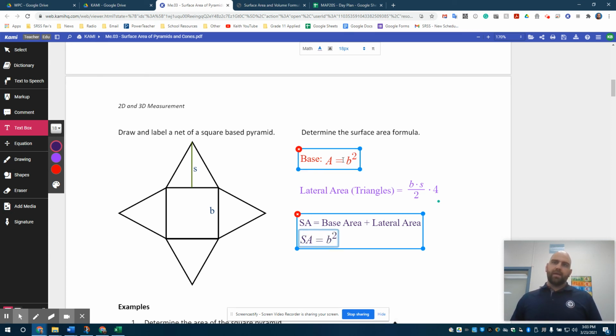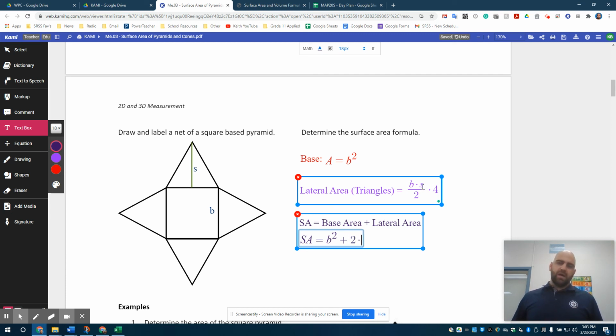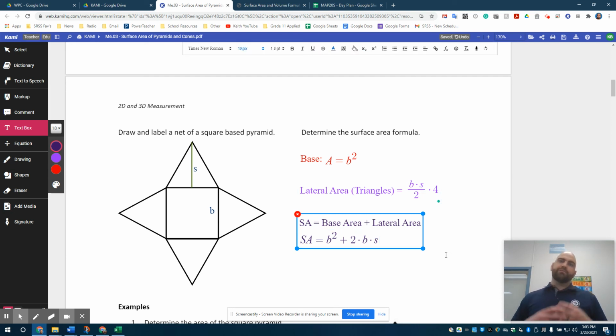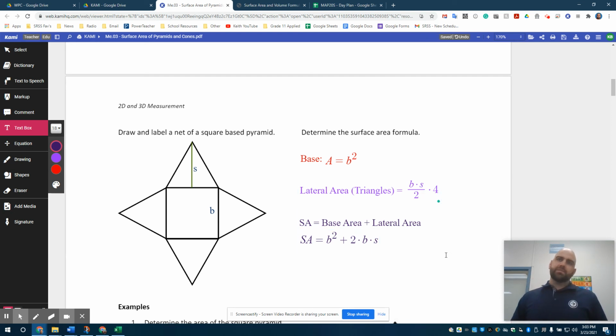That's what we get right here, it's b squared. And we're going to add our lateral area, which is base times slant height divided by 2 times 4. Now, if we divide something by 2 and then multiply by 4, these can kind of cancel out a little bit. 4 divided by 2 is just 2. So we can actually write it as 2 times base times slant height. And that would be our formula for a square-based pyramid.